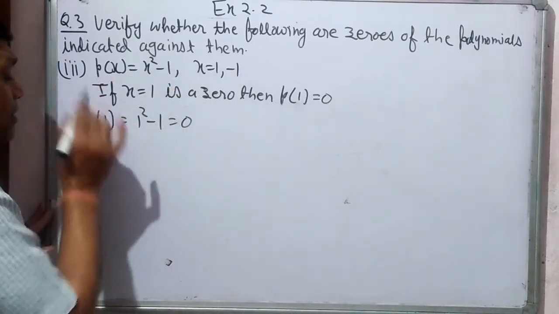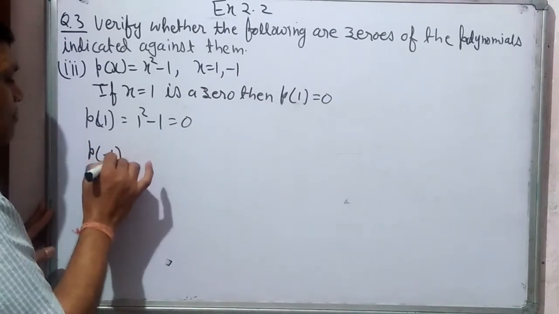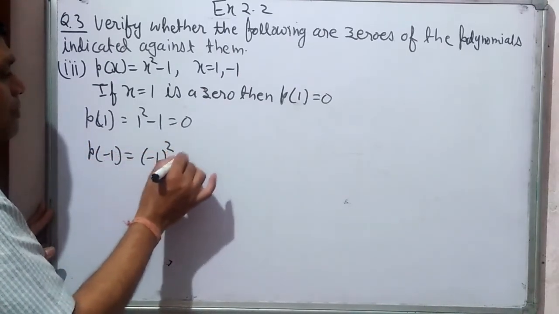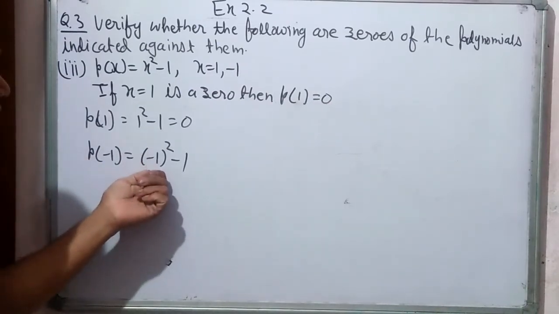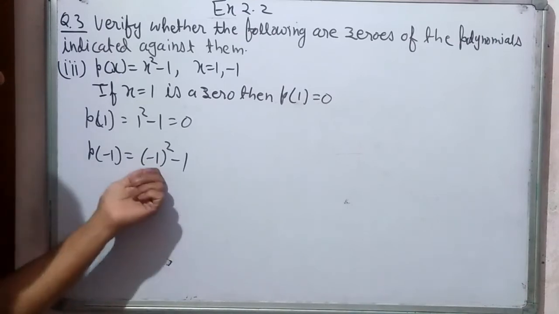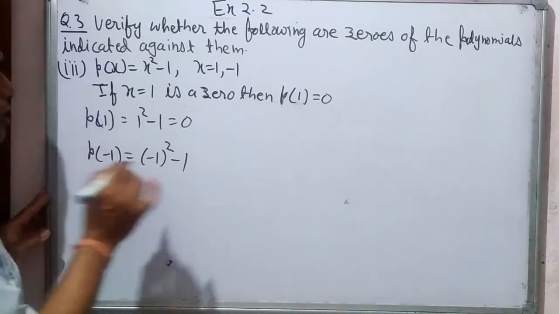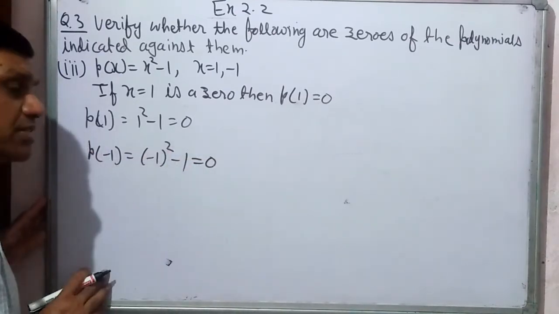For minus 1, let us see. P of minus 1 should be minus 1 square minus 1. Now here the basic thing is that minus 1 square is positive 1. Positive 1 minus 1 will be 0. So this is also giving us 0.